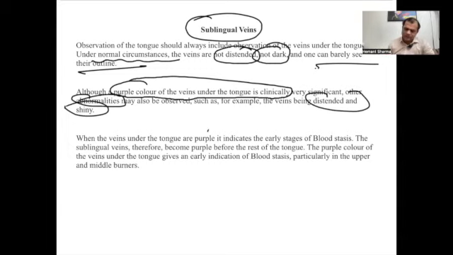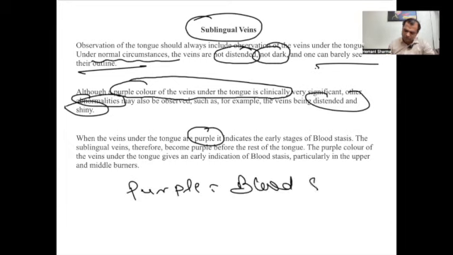When the veins are purple, and we know purple means blood stasis, they are showing blood stasis. When blood stasis is happening, first it comes on the sublingual vein. After some time, it comes on the tongue.